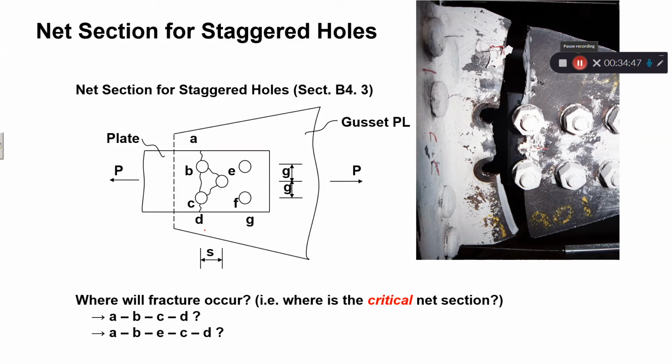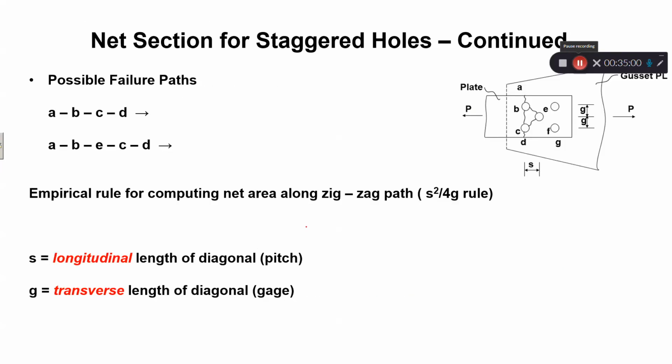But which one is critical? By inspection, it's hard to tell, right? Then we have to calculate it. So let's examine it by calculation.